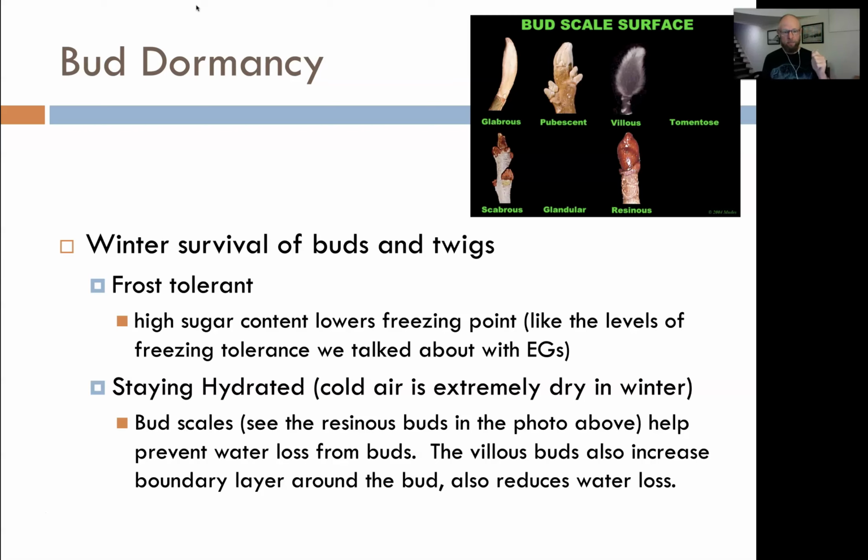So the trees will pack a lot of sugars into the cells of the buds. And we talked about the freezing tolerance of plants. We talked about it relative to evergreen gymnosperms, but the same kind of mechanisms happen in the buds of deciduous angiosperms. They essentially pack a bunch of sugars in their cells so that that water doesn't freeze or become solid.